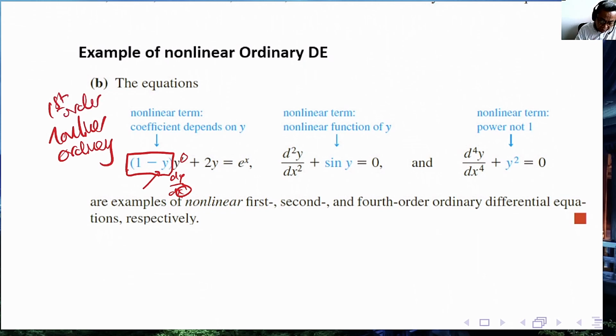First order nonlinear ordinary differential equation. And here is one independent variable only, so this is ordinary, and second order. However, in the expression of power of y, once the first order, we have sine y. Therefore, this is nonlinear.